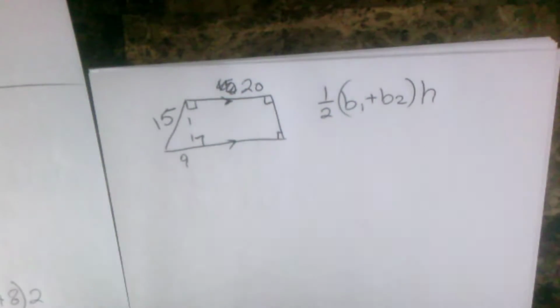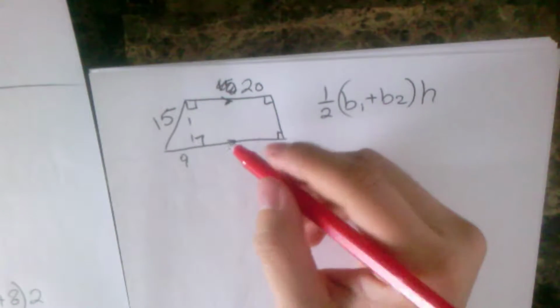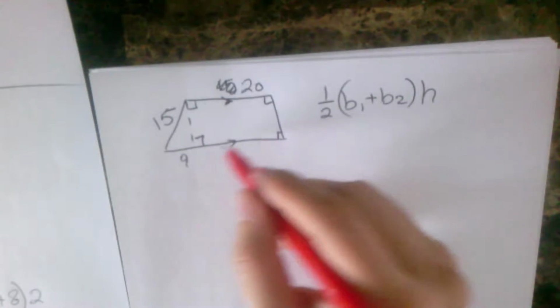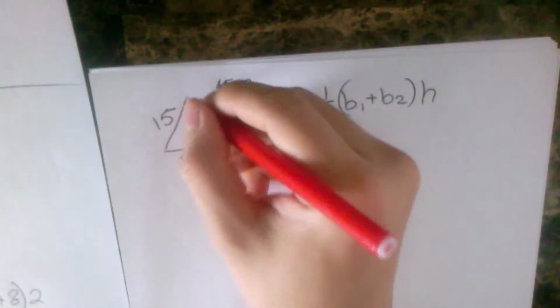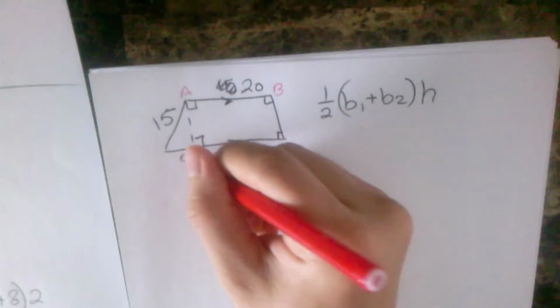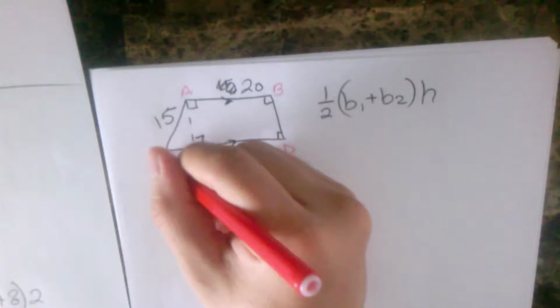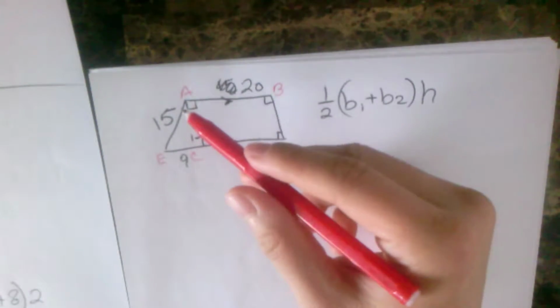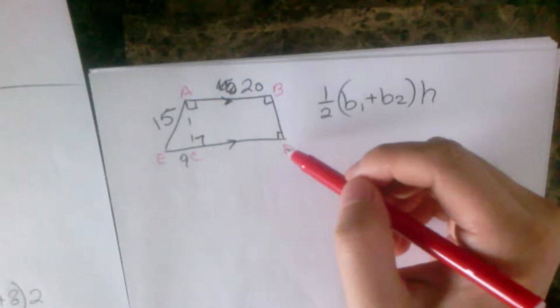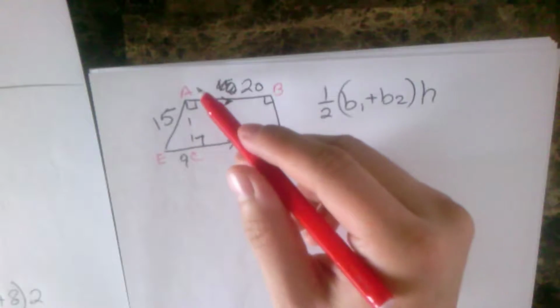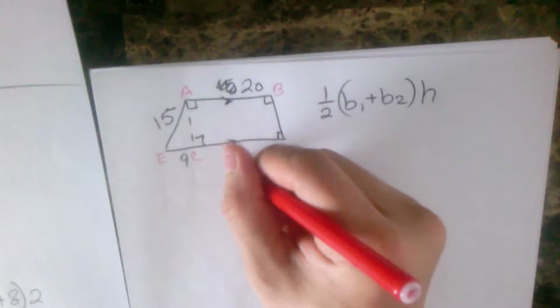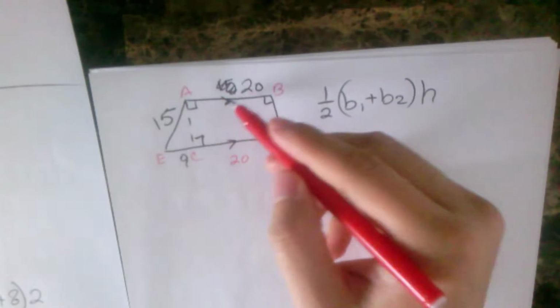So given this, I know now that this side here, and if I assign them names, A, B, C, D, E, whatever. I made this really weird, but from AB to CD, these two must be the same, so that must mean that CD is also 20. Which means that my base 1 is 20.